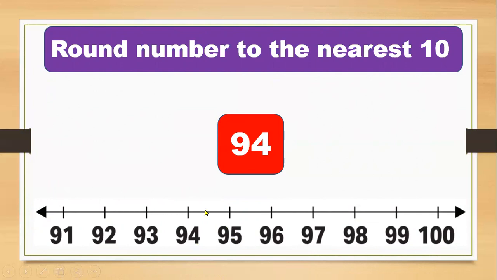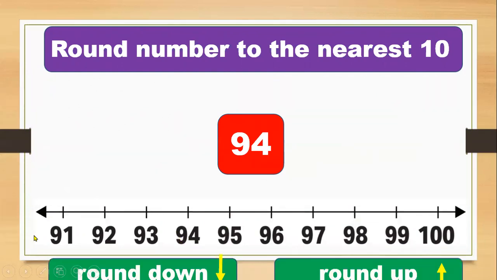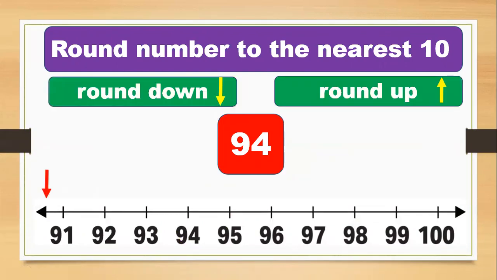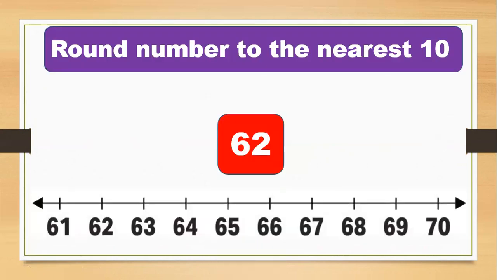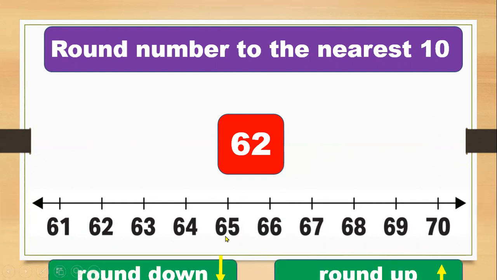So 94 comes before 95, it's smaller than 95, so you have to round down to 90. See this number, 62. What is the midpoint? Yes, 65. 62 is near 60, so you have to estimate 62 to 60 because your number is smaller than 65.